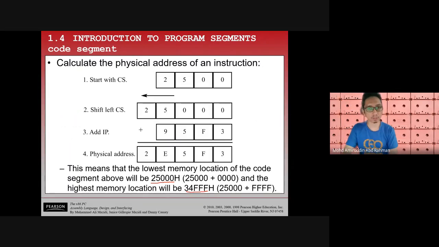So that's actually the low limit and the upper limit of the code segment. As just mentioned here, this means the lowest memory location of the code segment above will be 25000, and then the highest memory location will be 34FFF.